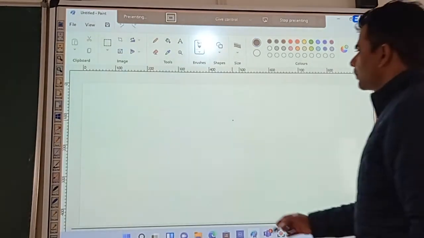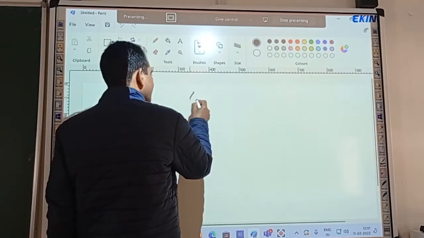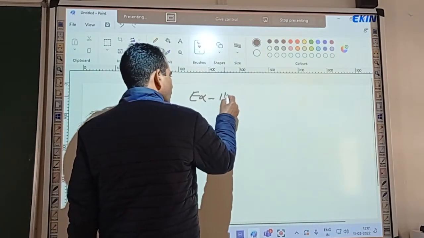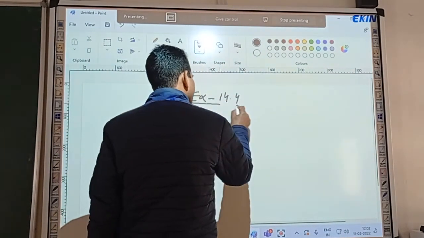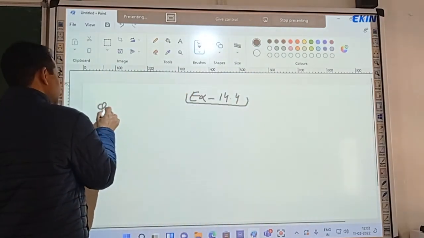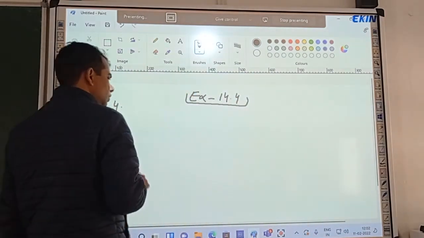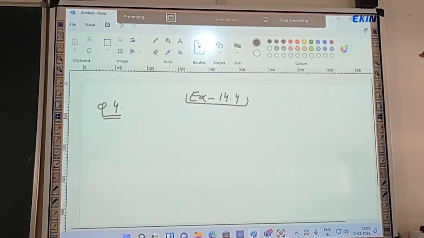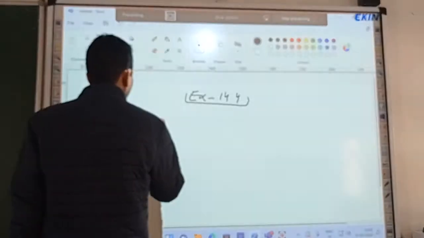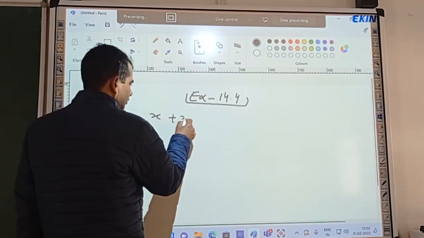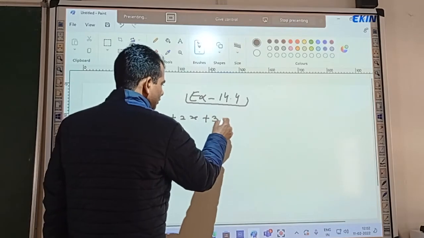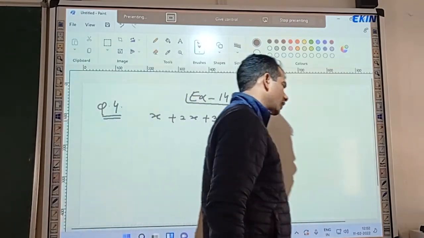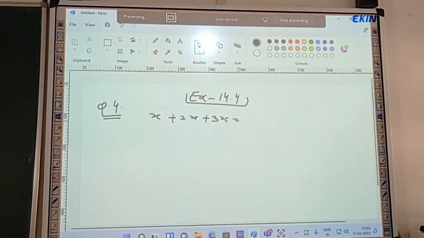Exercise 14.4, question number 4. x plus 2x plus 3x is equal to 5x.